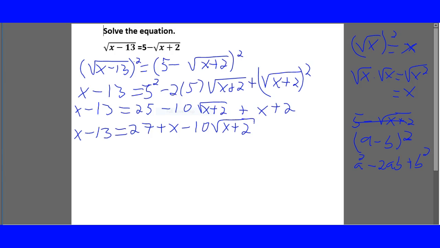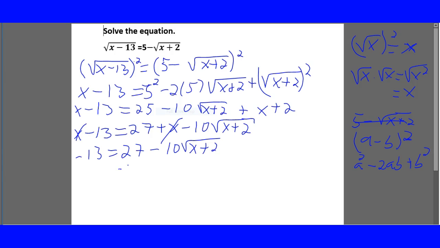Now we still have a radical there that we need to eliminate. We can combine like terms here. We have x on both sides, so we clearly see this is going to be eliminated. So you get negative 13 equals 27 minus 10 square root of x plus 2.